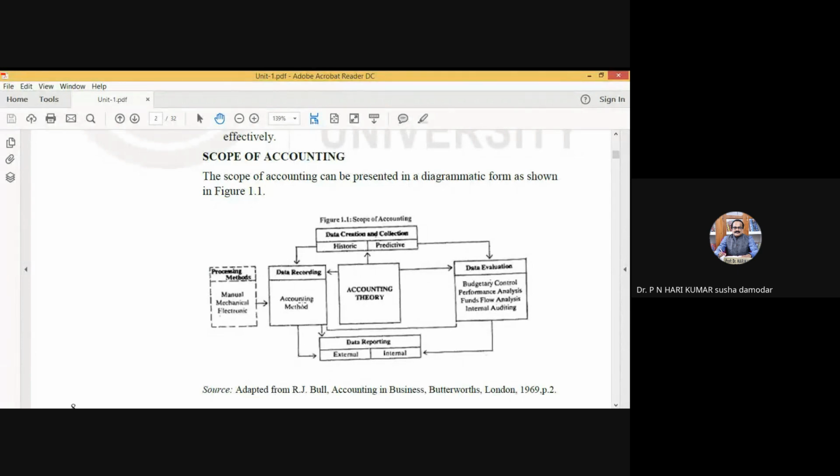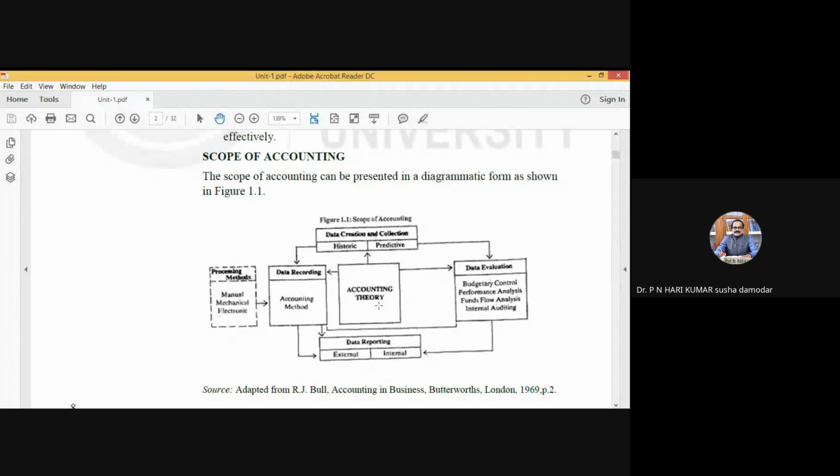All these are properly done with the accounting theory. There is a specific theory, and based on such a theory, we create data. Data means information, and we collect it in a historical and predictive way. Different methods are to be used, and that shall be properly recorded.